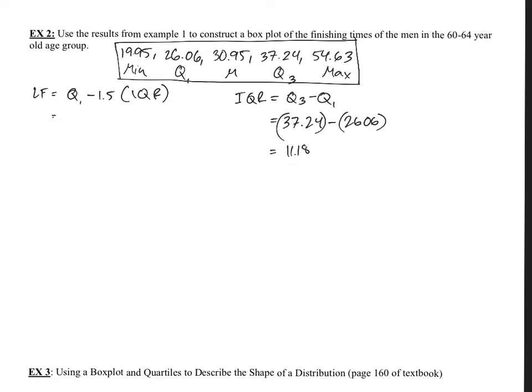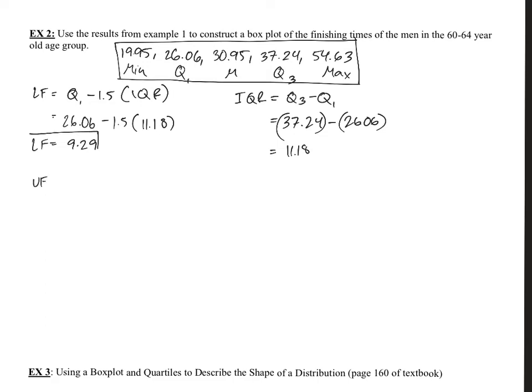So Q1 is 26.06 minus 1.5 times 11.18, which simplifies to 9.29. Now I'm going to find the upper fence.